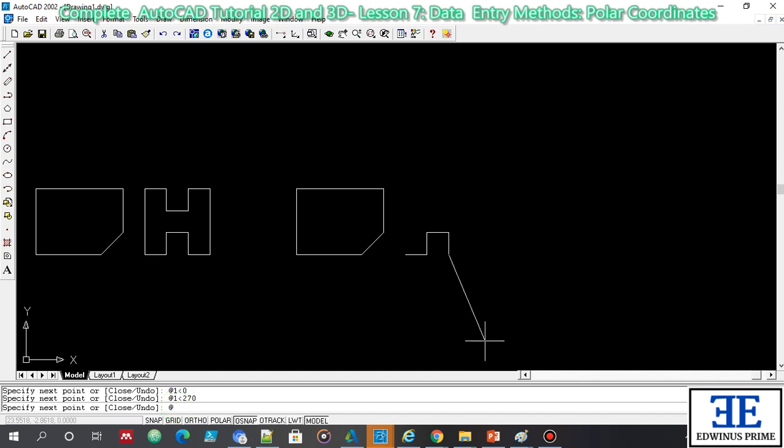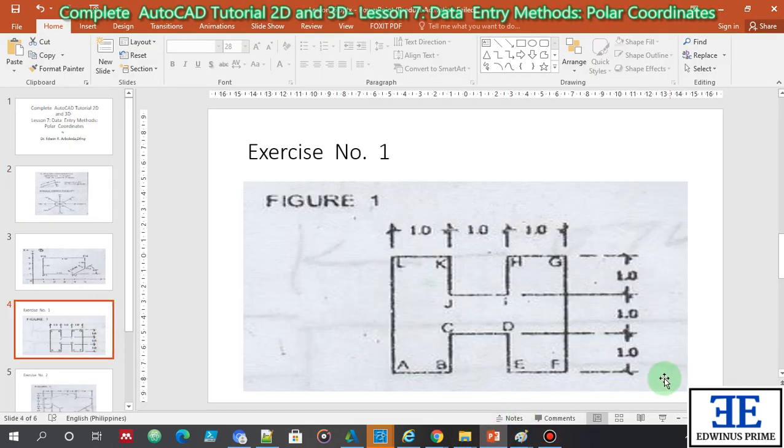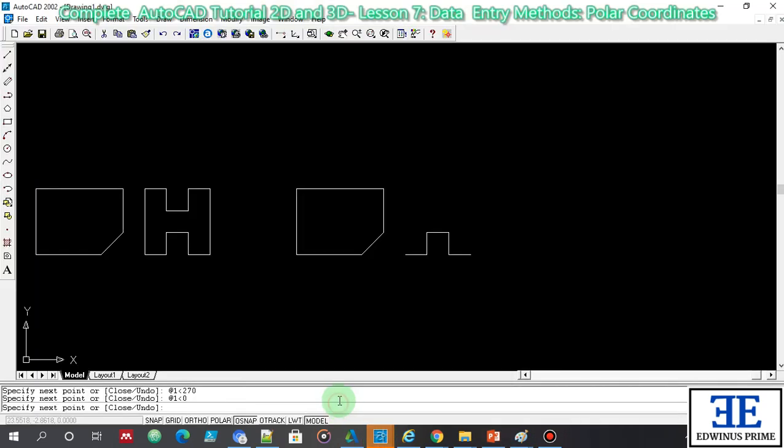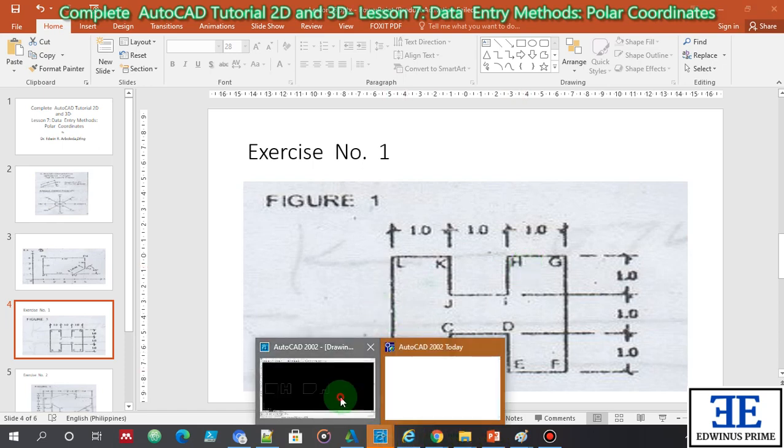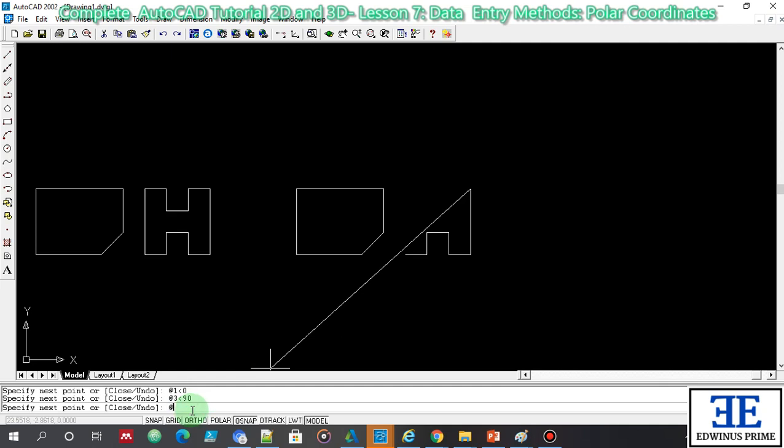Again, the next point is at 1, angle 0. The next point, from F to G, is 3, angle 90. Again, from G to H is at 1, angle 270.